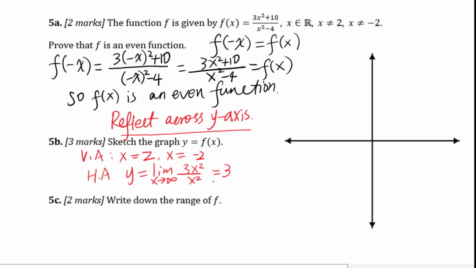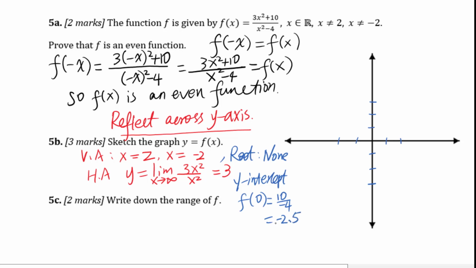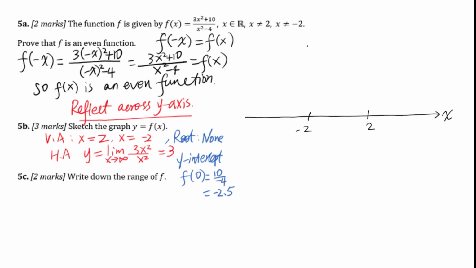So y equals 3 is a horizontal asymptote line. For the x-intercept, 3x squared plus 10 cannot be 0, so no roots. For the y-intercept, f of 0 equals 10 over negative 4. That is negative 2.5.